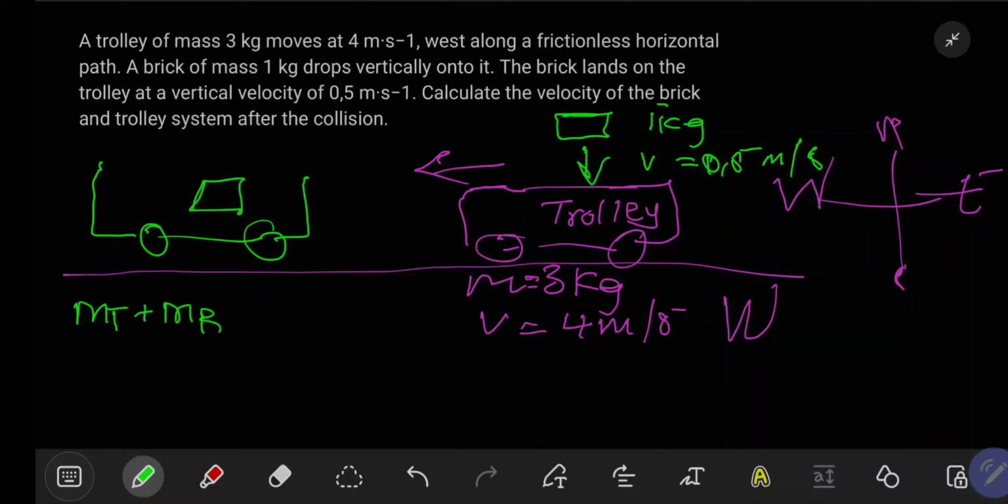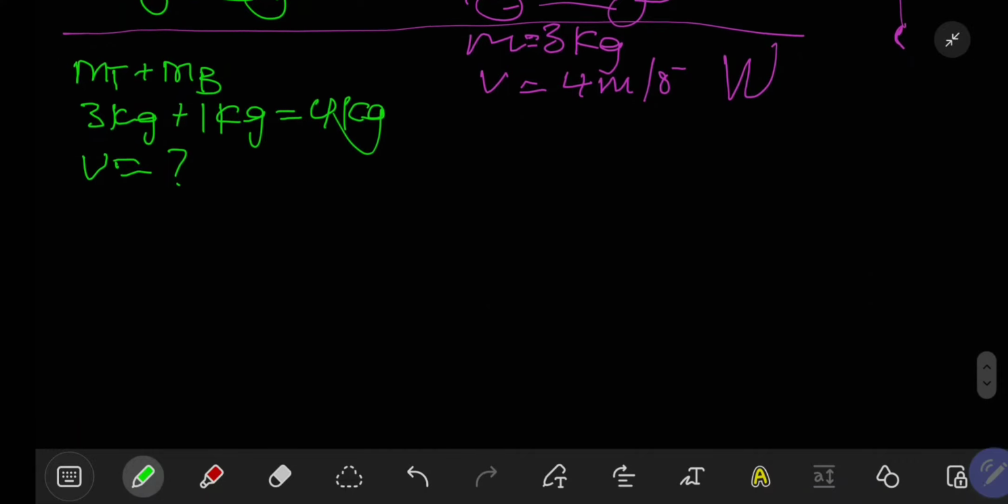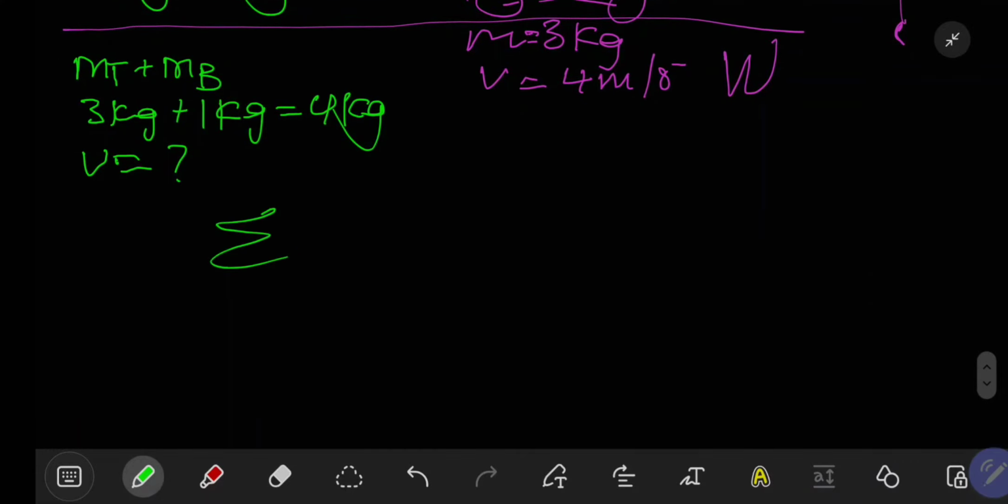So this is the final mass, or the total mass of the system after collision. Now they want us to get the velocity of this system. So in order to answer this question, we are going to use the principle of linear momentum.